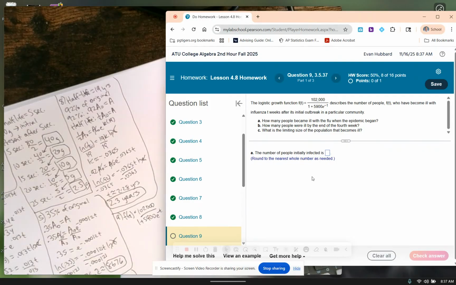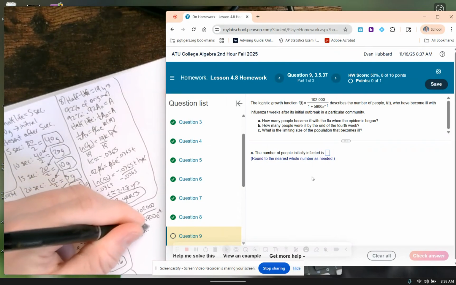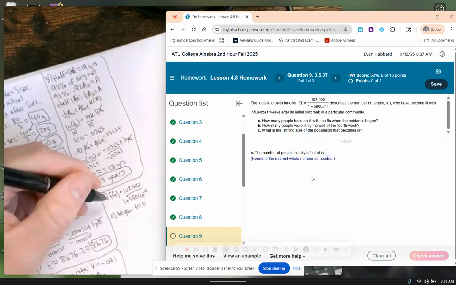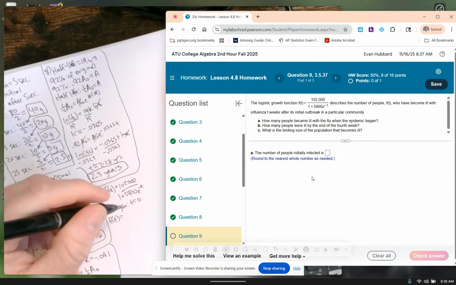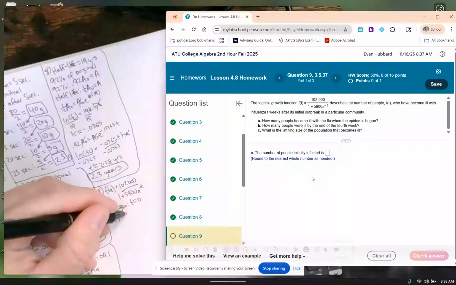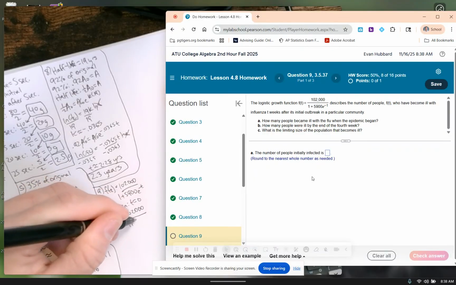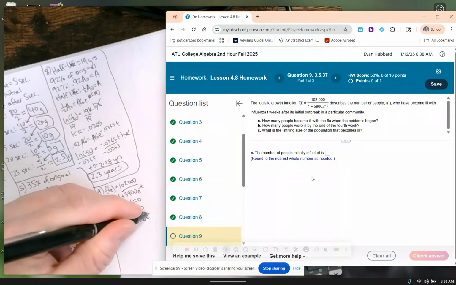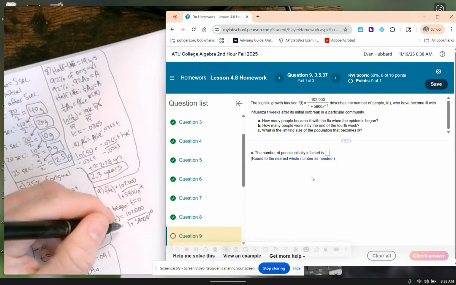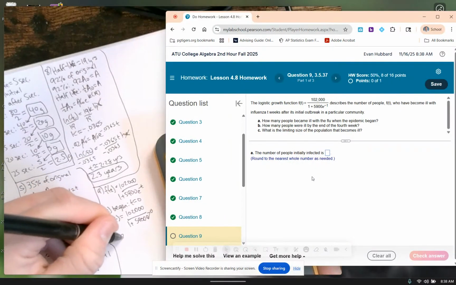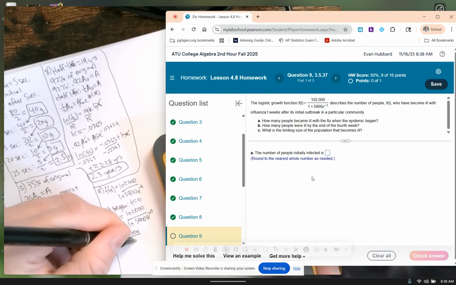So part A, when the epidemic began, t equals 0. And so in this case, f of t is equal to 102,000 divided by 1 plus 5,900 e to the negative 0. So that's just going to be 1. So it'd be 102,000 divided by 5,901.